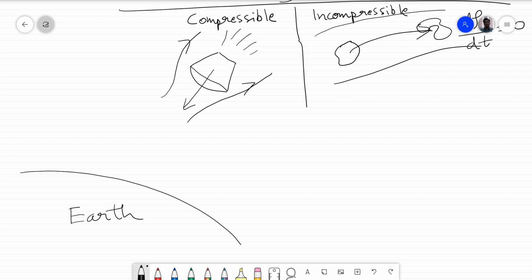This is just to show the flow of air past it. So you see some kind of a shock here. This is because of the compressible nature of the flow.